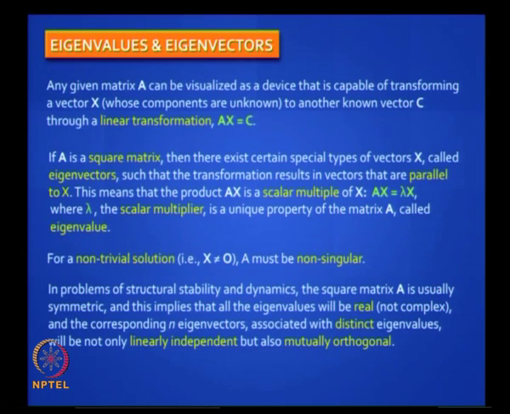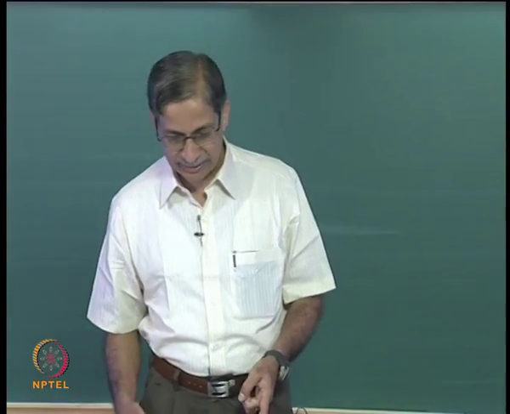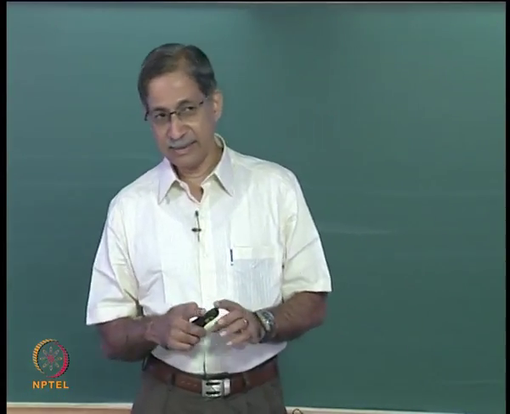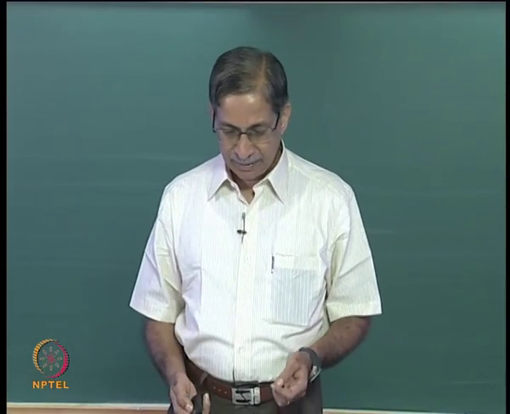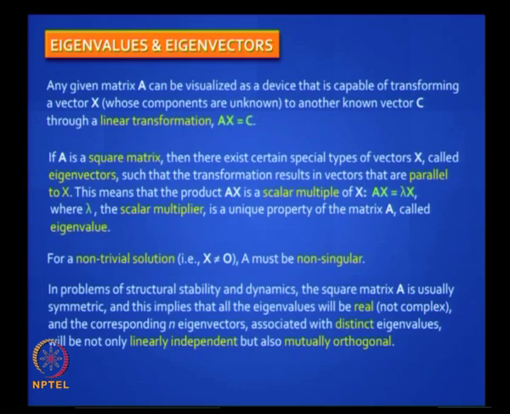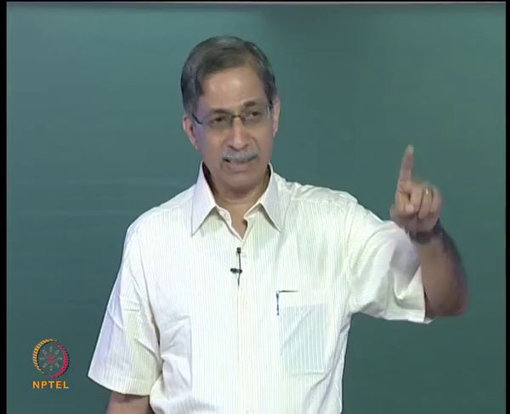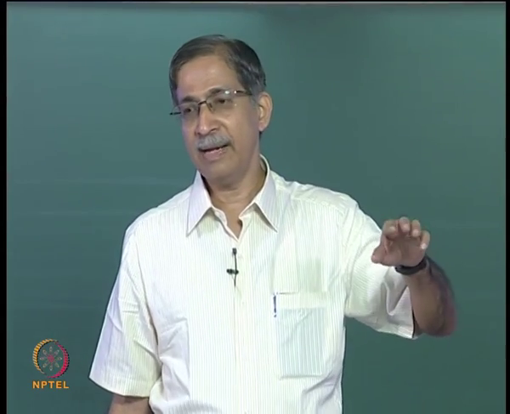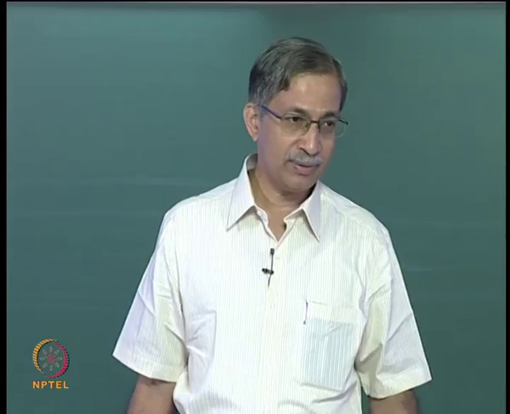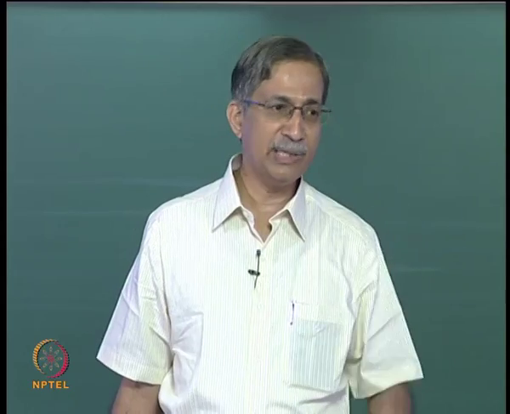There are situations where you have imaginary numbers coming in, but not in our real life problems in structures, and luckily for us the eigenvectors are going to be distinct, and they will be linearly independent and also mutually orthogonal. That is a property of the eigenvector. So in stability problems, the eigenvalues correspond to the buckling loads you have, and the corresponding eigenvectors are referred to as eigenfunctions if you are dealing with a continuum.